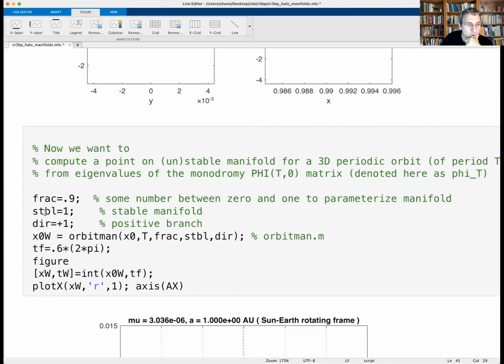I'll just pick one point. I've got some syntax here for this fraction. This fraction is, you need to pick a number between 0 and 1, and it's basically picking some fraction along the orbit between 0 and 1, saying, well, use that as your initial point for finding the stable manifold.